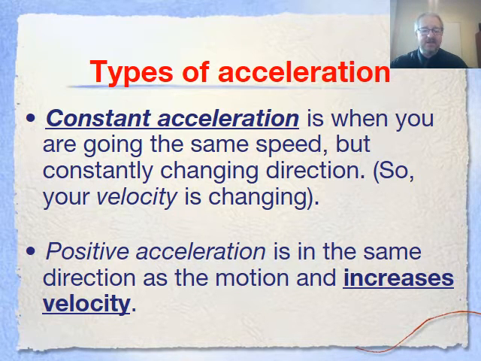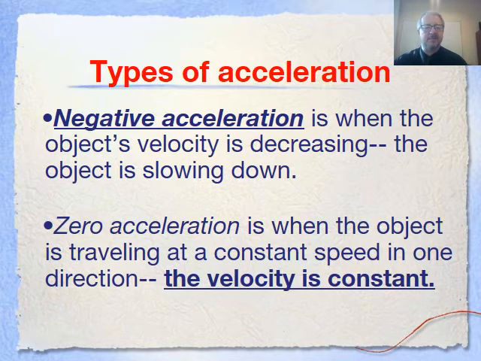Positive acceleration is in the same direction as the motion, but it increases in velocity. So it's not changing direction, but it's changing speed. It could be changing direction, but all right.